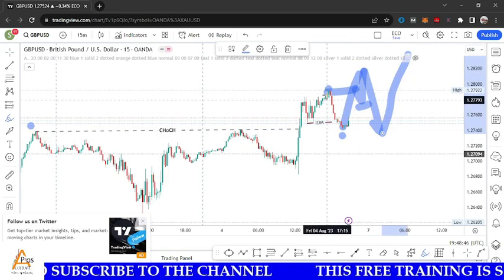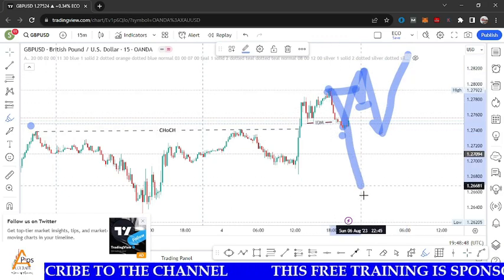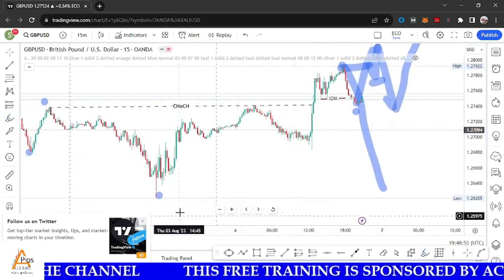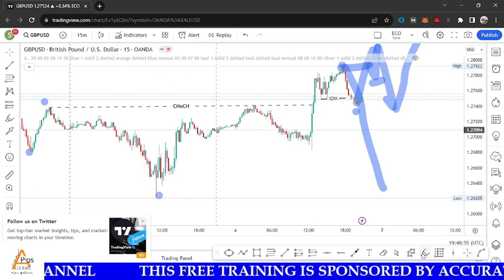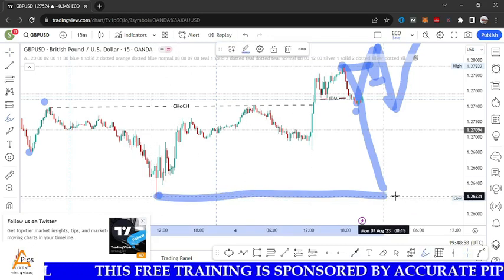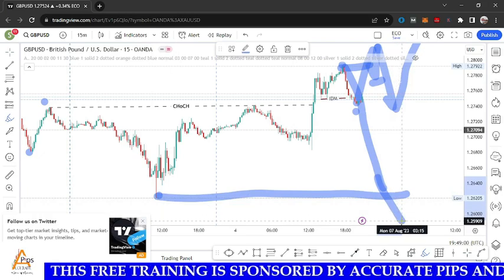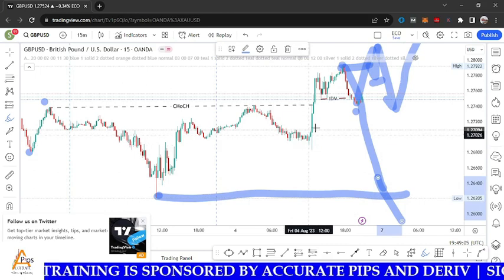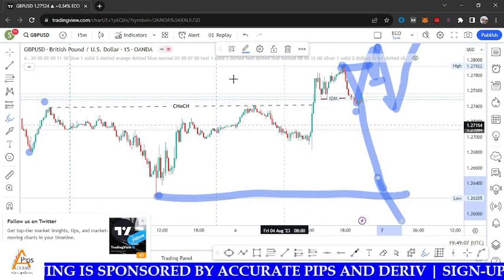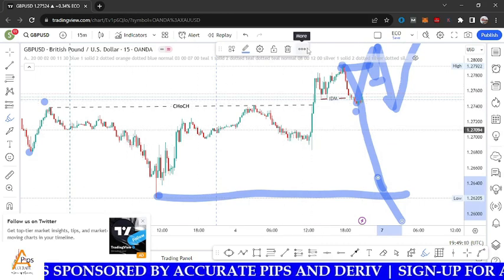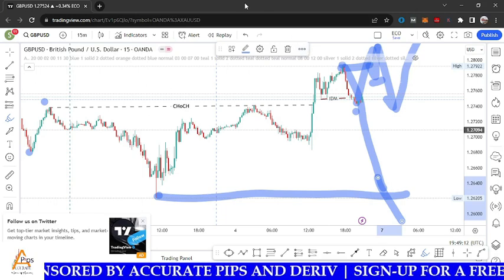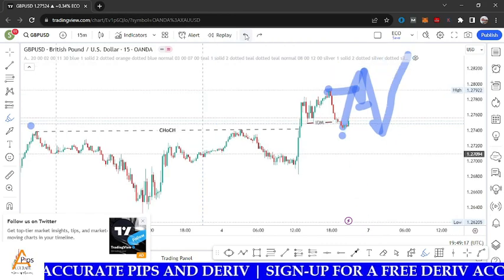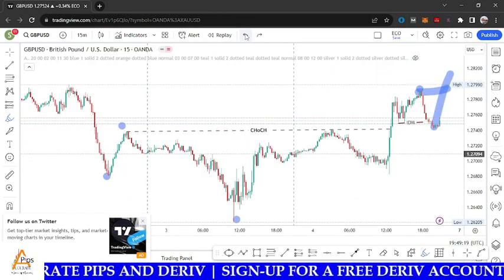But if that doesn't happen and this guy decides to come back and take our last low down here, if you remember what we learned during structure, then that means we are going to have a change of character again, which means this change of character was just a temporary or a fake change of character. All right, so now we've confirmed we are in our bullish trend.